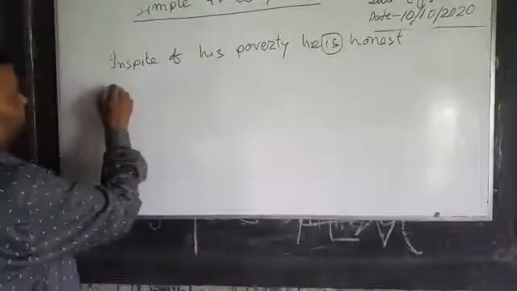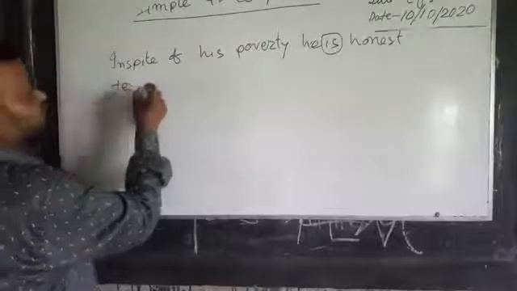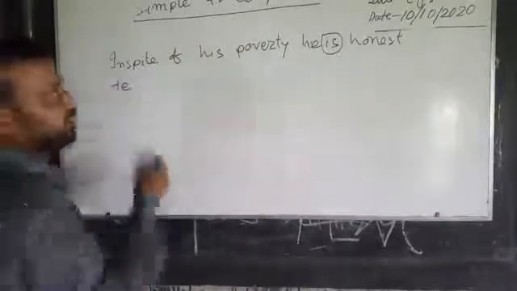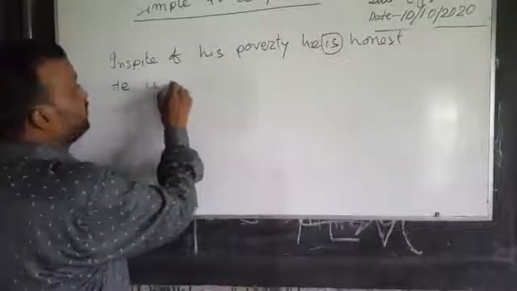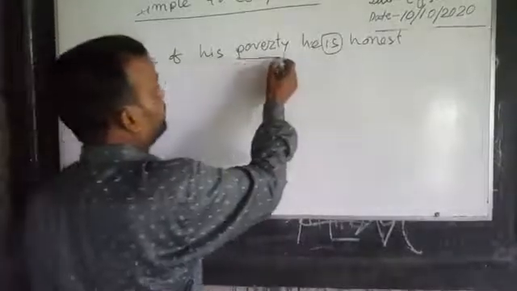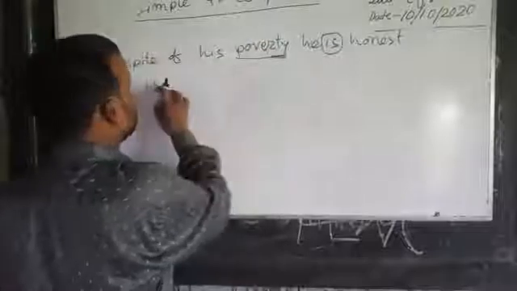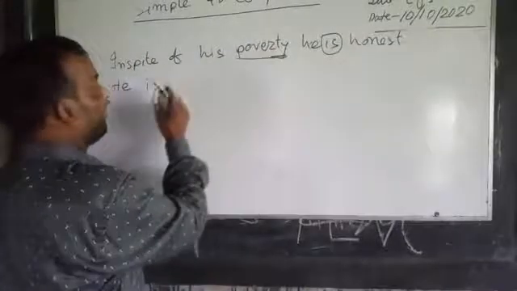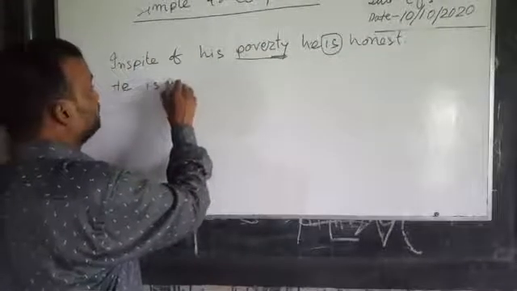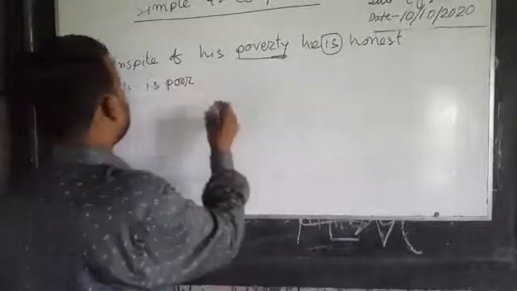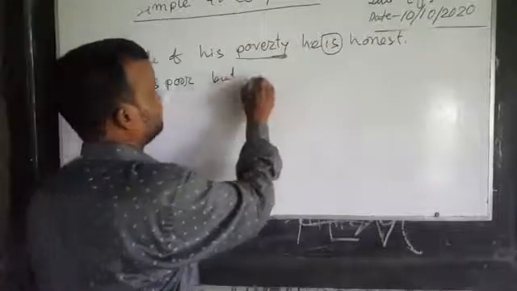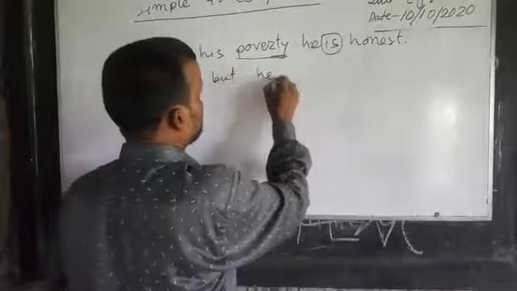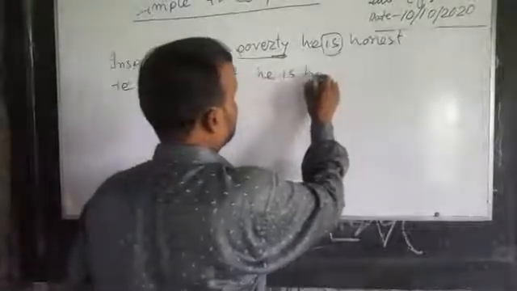At first we have to use the subject, he, then the be verb according to the tense, he is, and then the noun changed to an adjective, poor. He is poor but he is honest.